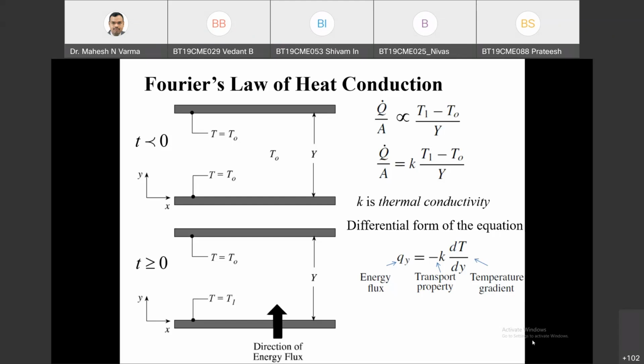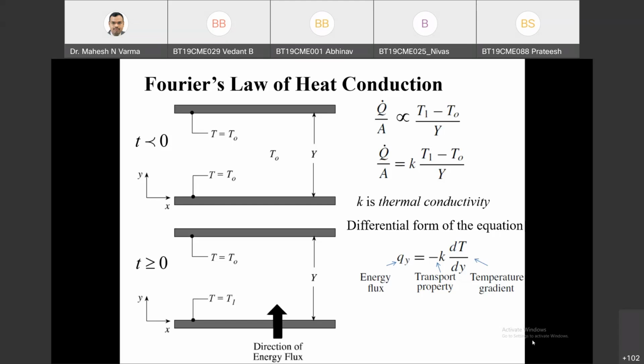What is the name of the transport property in momentum transfer? What is the name of that property? Roll number 1, Abhinav. Viscosity. Viscosity, very good.